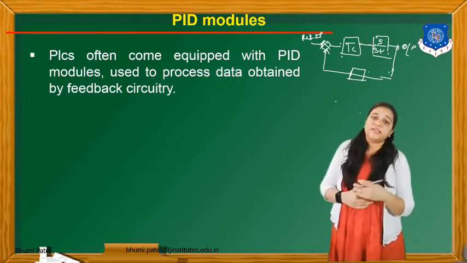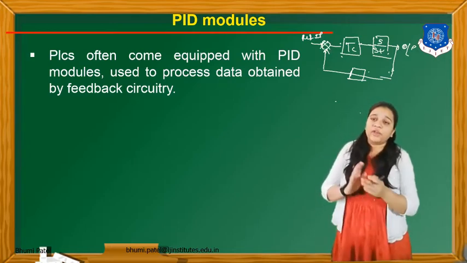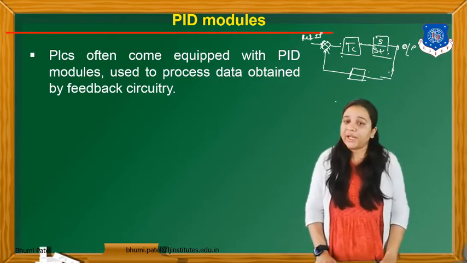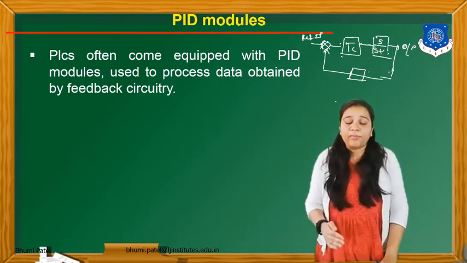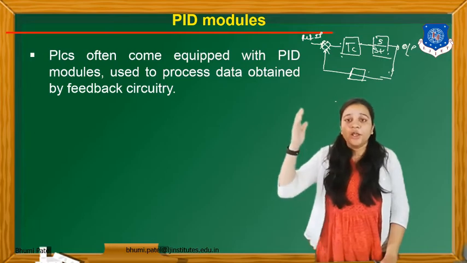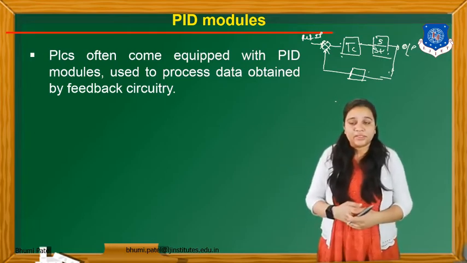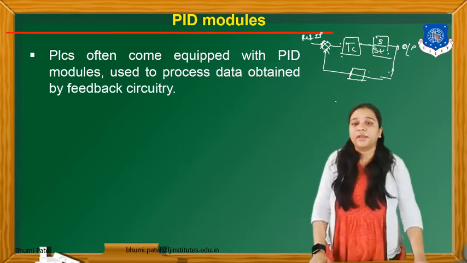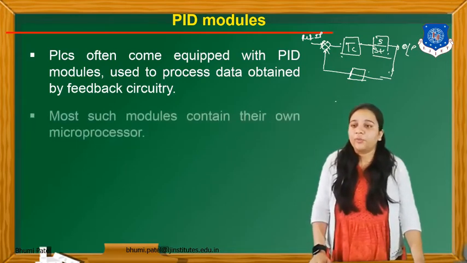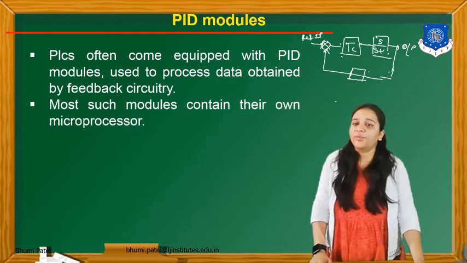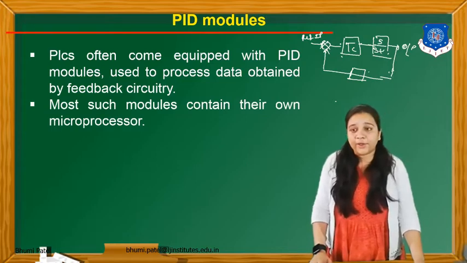Every time we can check the output, and if we cannot get the perfect output data, at that time we can feed this data back to the reference input, and then we have to sum this data, and then again we have to check the output data. So most such modules contain their own microprocessor.